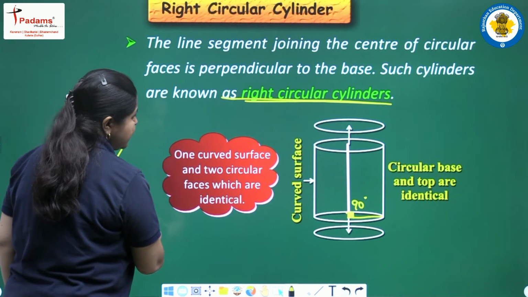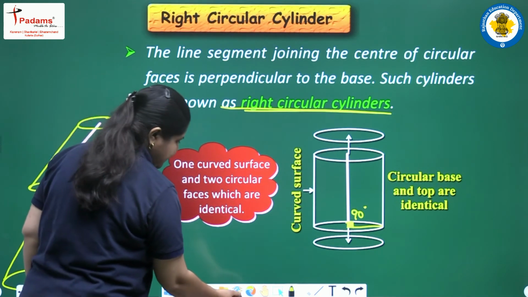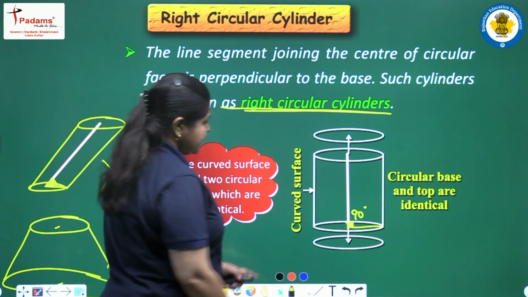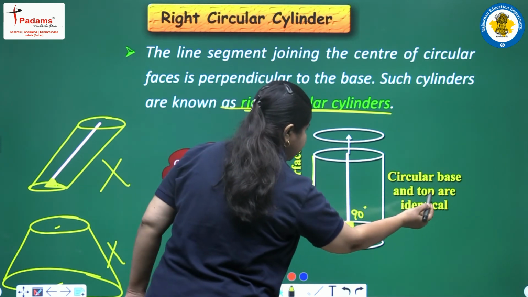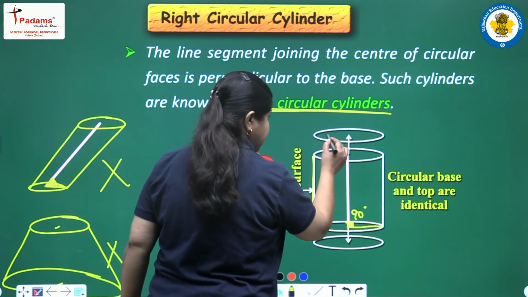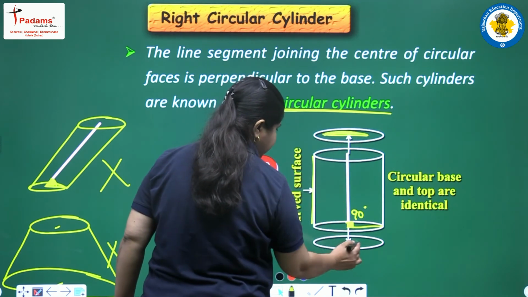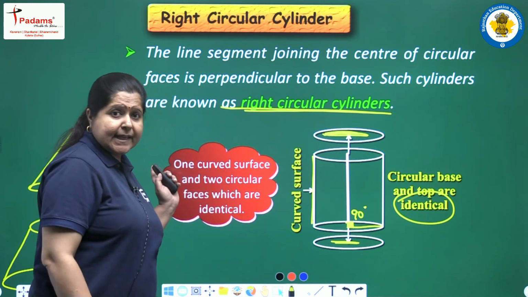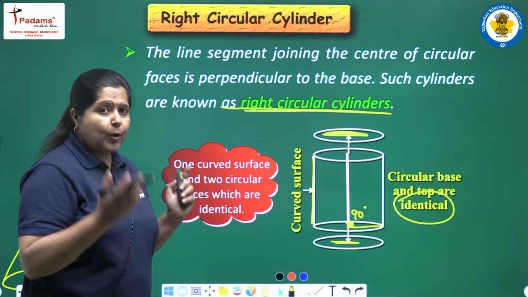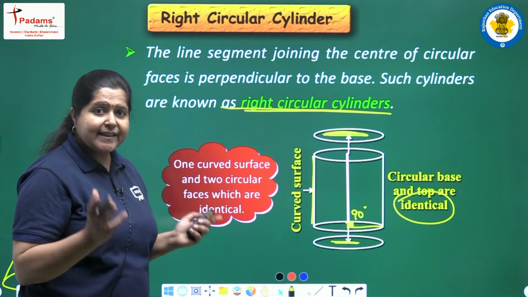And you can see here we have one cylinder with us. This now is the curved part, this one. And the circular base and top are identical. आप देख लीजिए ये जो ऊपर टॉप है और ये बॉटम है ये exactly identical है। तो अभी हमने जो केस यहाँ पर डिस्कस किया था, एक फिगर जहाँ पर टॉप और बॉटम फेसेस आइडेंटिकल नहीं थे, वो सिलेंडर नहीं था। क्यों नहीं था?